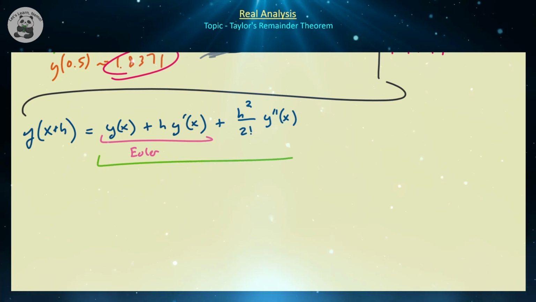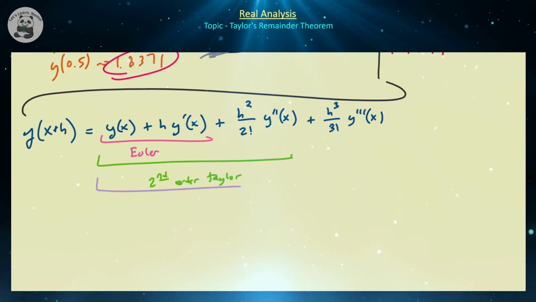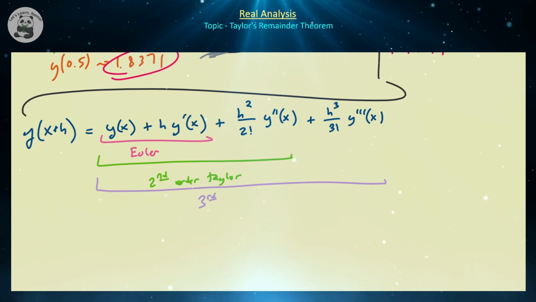This would be what we refer to as a second order Taylor method. And we can add more terms to this if you want. For example, we'll have h cubed over 3 factorial times y triple prime of x. That would be what we refer to as a third order Taylor method.